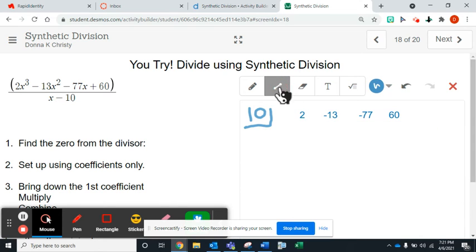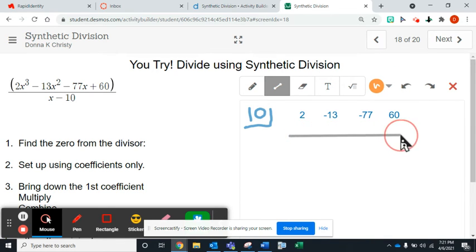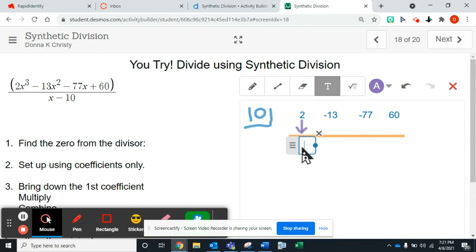I'm going to draw a line underneath, leaving enough room to put our answers here. Our first thing, important, bring down that first coefficient. Very, very, very important. So that's going to be 2.